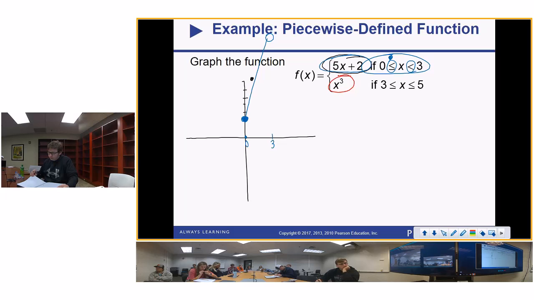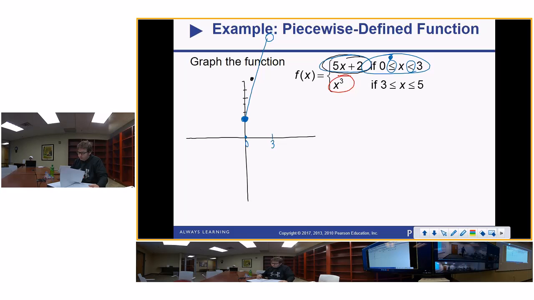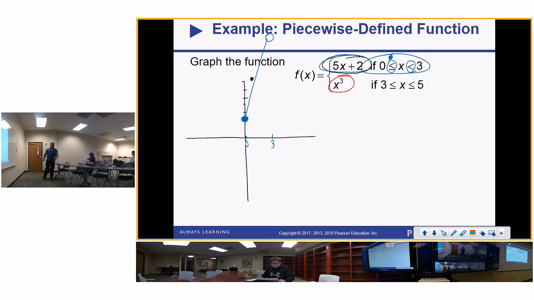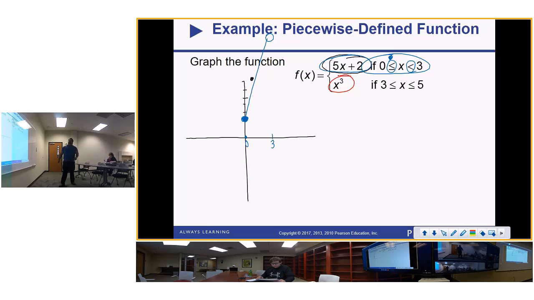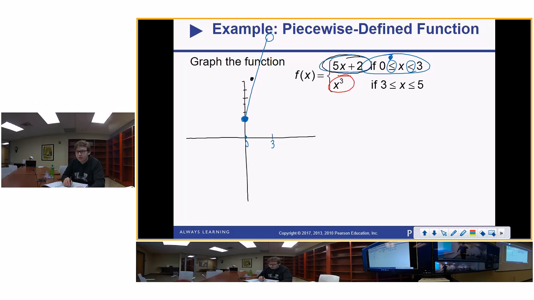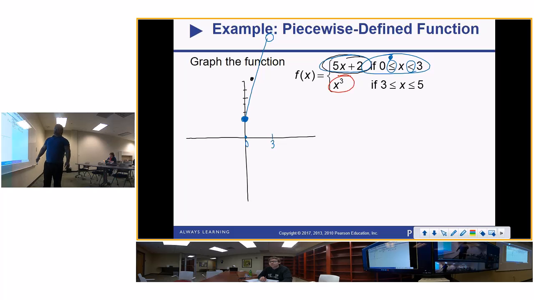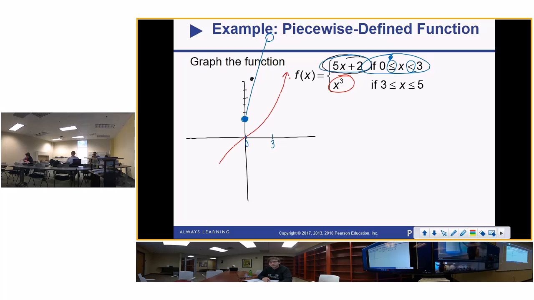Family of graphs, the 8 or 10 family of graphs. What does x to the third do? It goes through quadrant 1 and quadrant 3. Okay, but it goes through the what? The origin. So it looks like this. Yeah, like that.